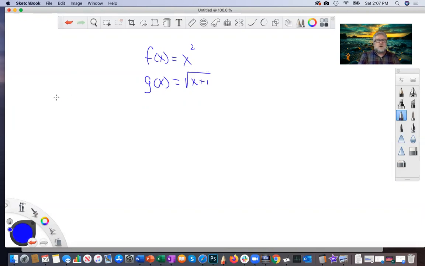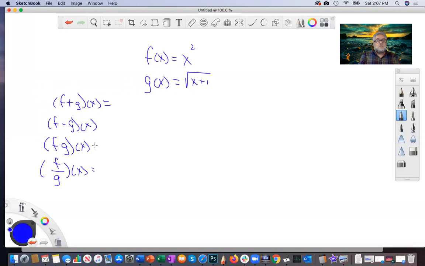And I want to figure out f plus g of x, f minus g of x, f times g of x, and you know what would be really fun? Yeah, f over g of x. So I'm going to figure out all of these.